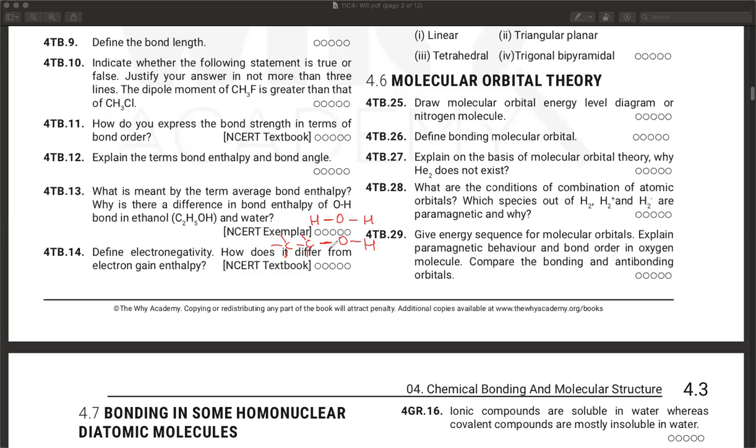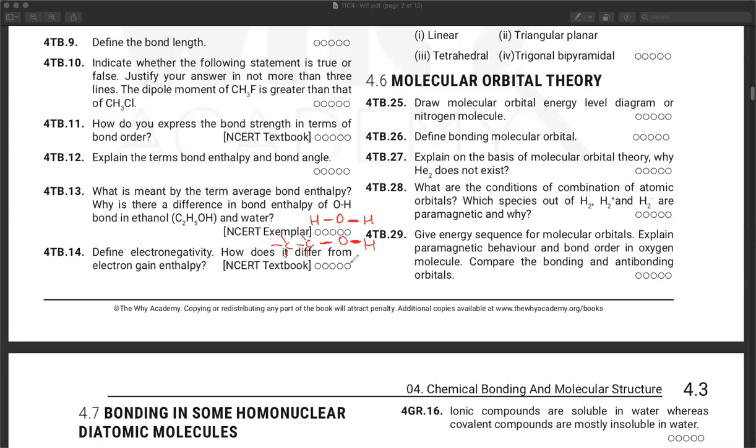So the bond enthalpy in ethanol will be more than water, right? It's a huge compound. We cannot guess right now, more or less. Here they're just asking, will there be a difference?